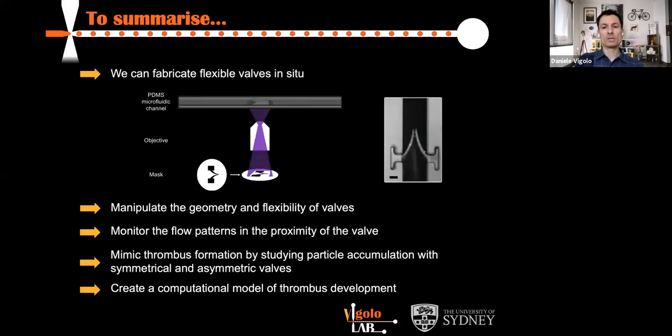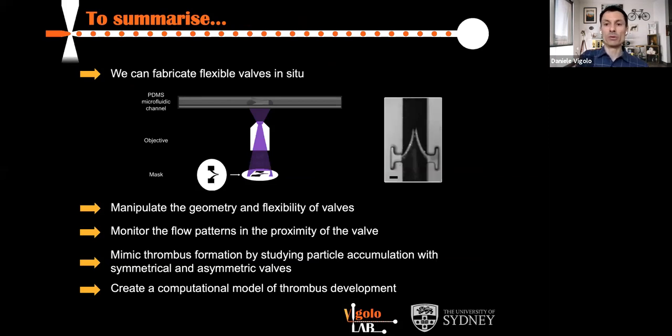So just to summarize this part before moving to the next one, I hope I showed you DVT results, but more importantly, a platform where we can really develop a vein on a chip in this case, but if you want any blood vessel on a chip, where we can incorporate structure, we can control their geometry, their elasticity, and more importantly, we can really monitor how the flow affects this structure.